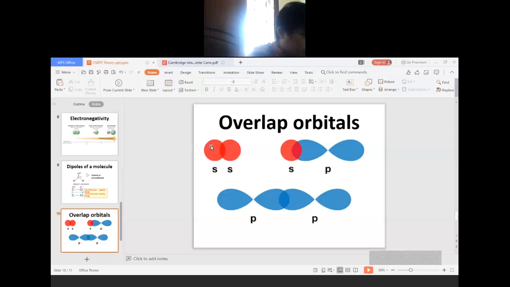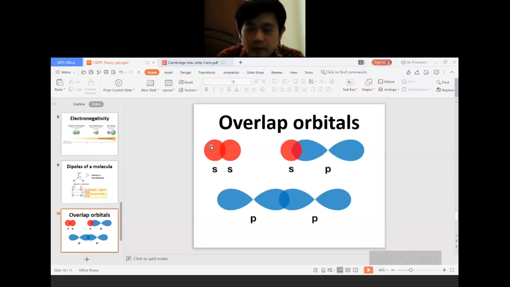And then this one, the s and p. Why is it overlapping like this? Because we learned already in p orbital, there are Px, Py, and Pz. The shape of a p orbital is a dumbbell, or two lobes.